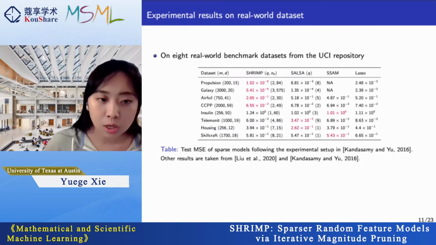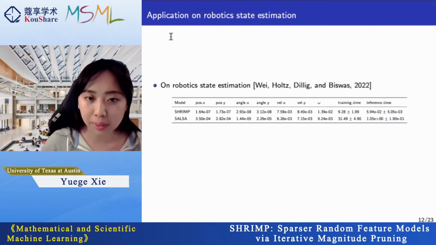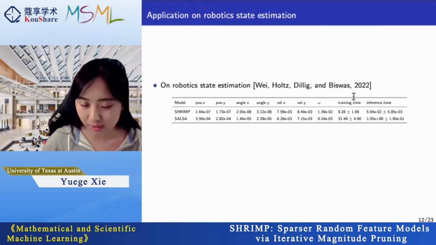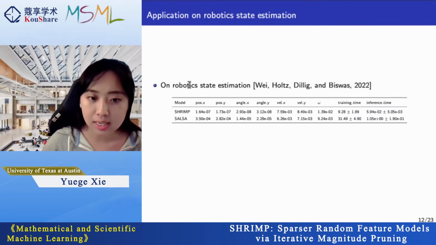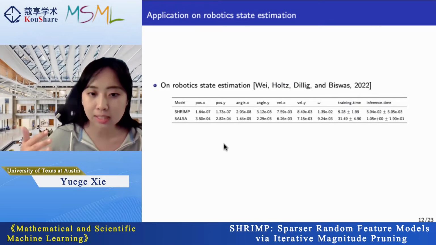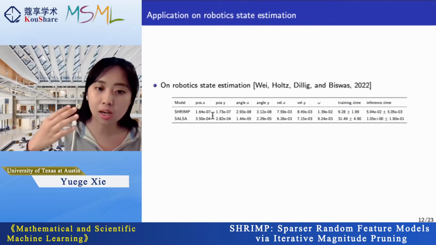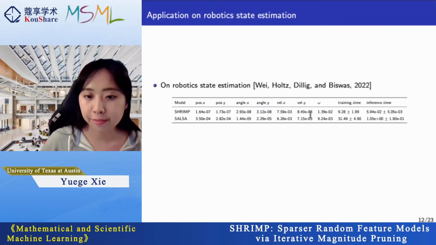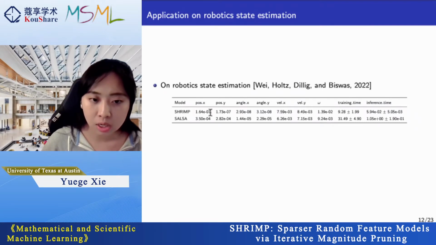And also we have an application on robotics data estimation. We use the data from Wei, Hot, Delig, and Biswas from the robotics data. The task is to estimate the position of some vehicles, also the angle of the vehicles and their velocity and angular velocity. We compare those estimations and both the training time and the inference time of shrimp and SALSA.